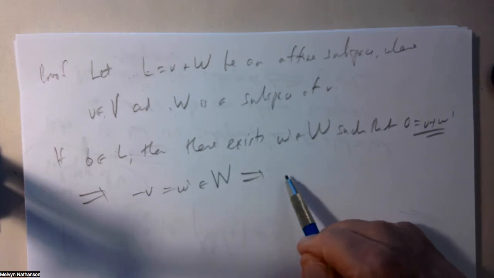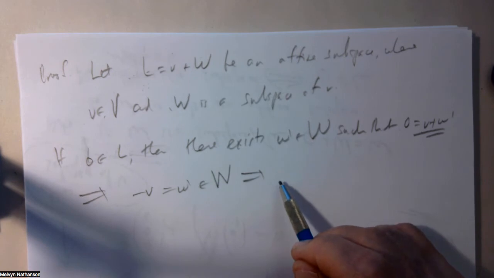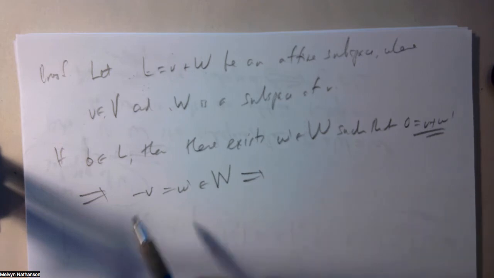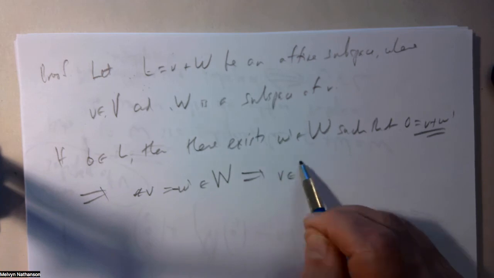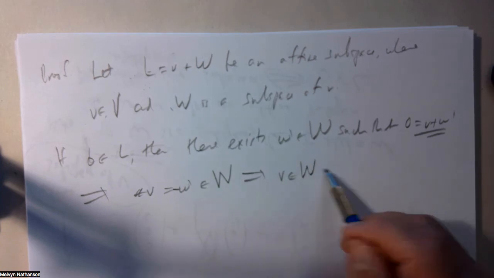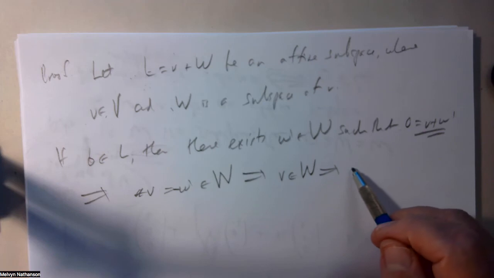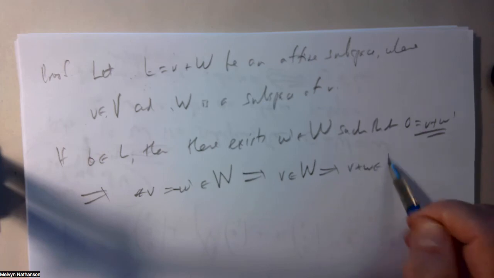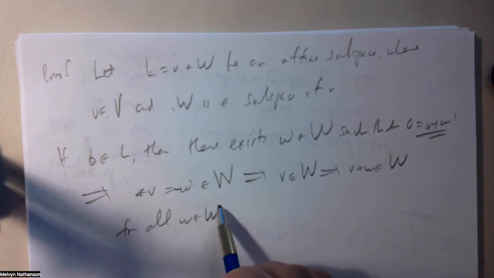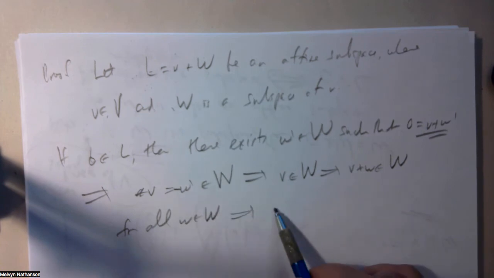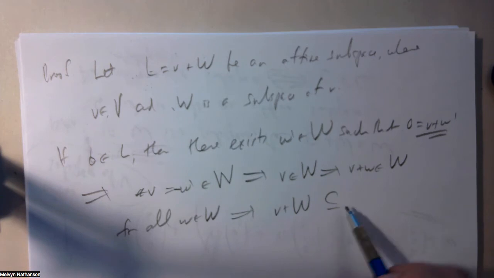Which implies that, actually, I should have said it. V is equal to minus w prime, so v is a vector in w, which means v plus w is in w for all vectors in w, which means v plus w is contained in w.